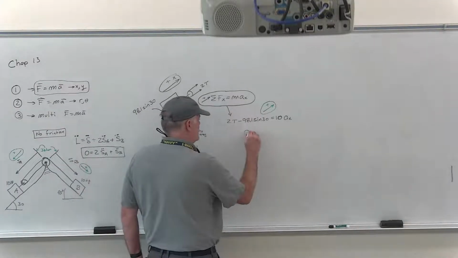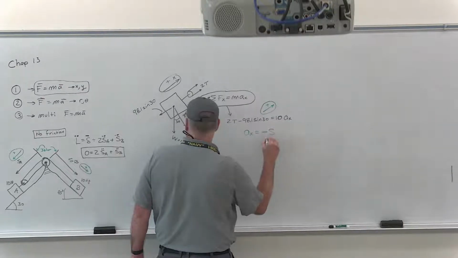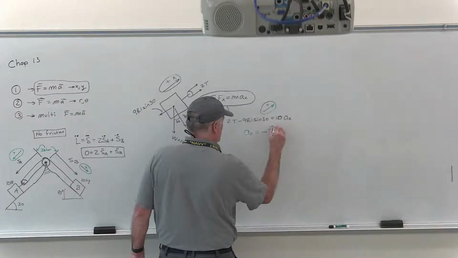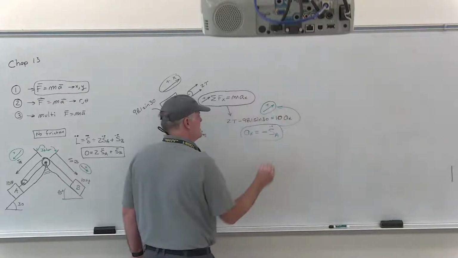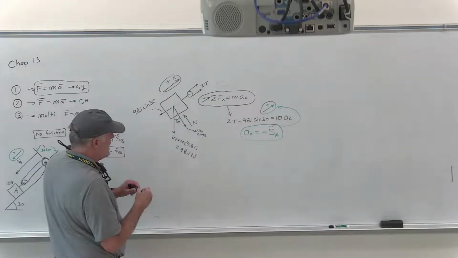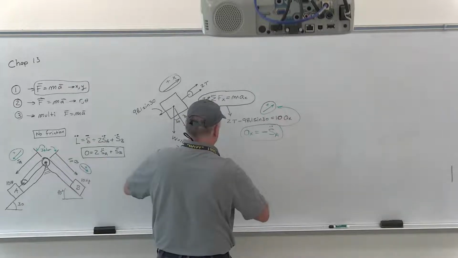The acceleration X is equal to minus S A double dot. And why? Because this direction is opposite of that direction.